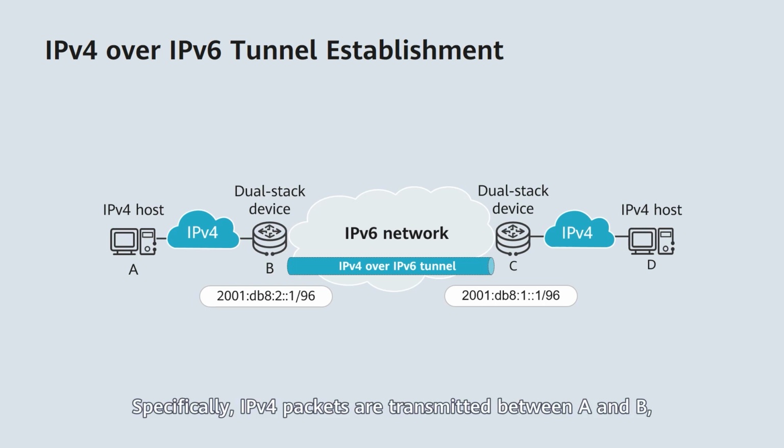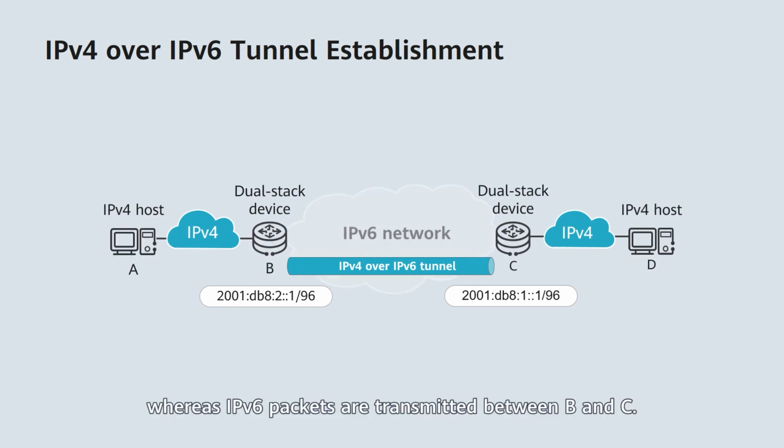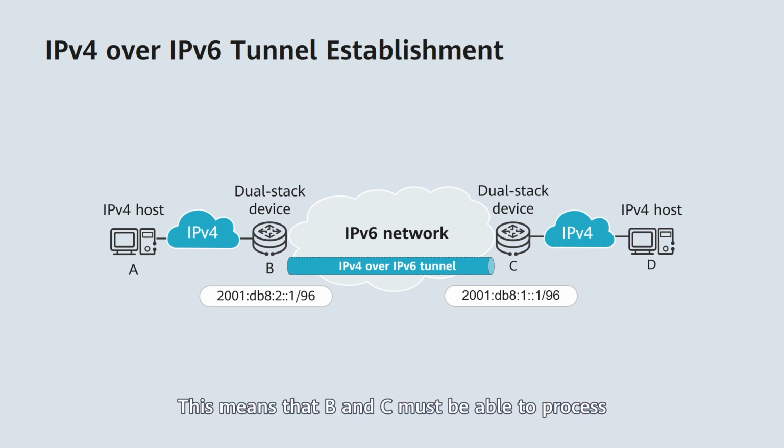Specifically, IPv4 packets are transmitted between A and B and between C and D, whereas IPv6 packets are transmitted between B and C. This means that B and C must be able to process both IPv4 and IPv6 packets. That is, both border routers must run IPv4 and IPv6 dual stack.